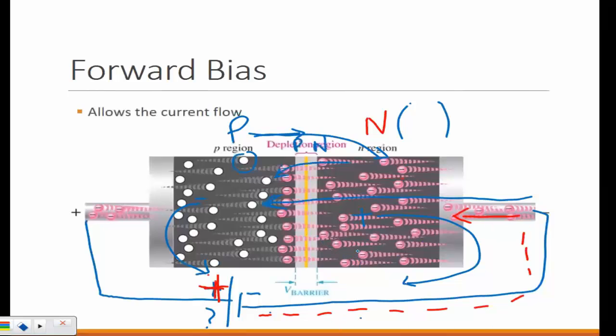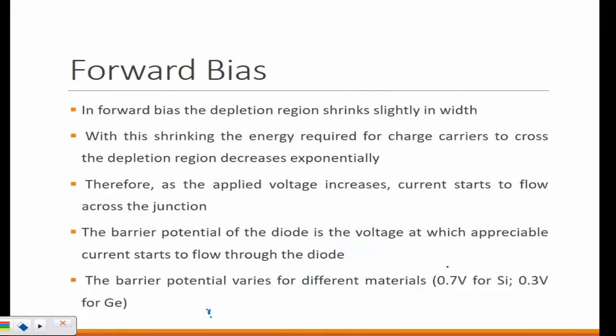Does that make sense? Because of that very small current that goes this way, the depletion region will shrink extremely little. So instead of 0.7, maybe you're going to have 0.69, 0.65, something like that. That's the only instance where the depletion region will shrink, because of the extra electrons and holes on the P and N regions that go away. So the effective voltage barrier reduces a little bit.